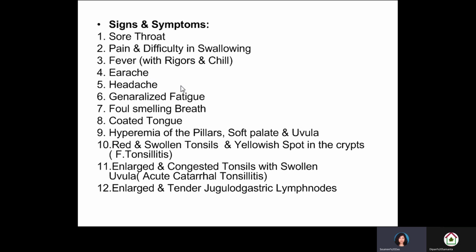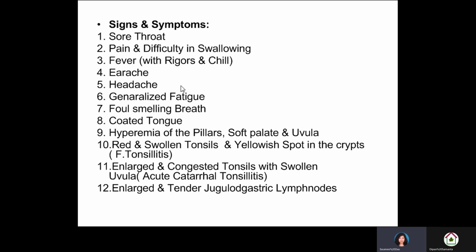Headache might be there. Generalized fatigue or weakness might be there. Foul smelling breath or halitosis will be there. The tongue will be coated with white patches. Hyperemia of the pillars, soft palate and uvula. The uvula is the small finger-like projection in the oral cavity, and it lies near the soft palate.